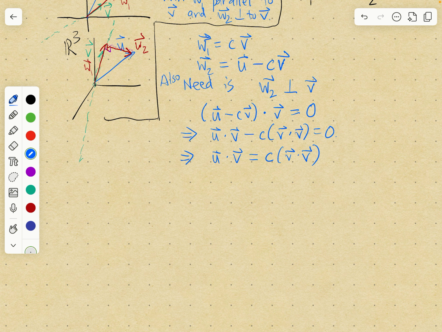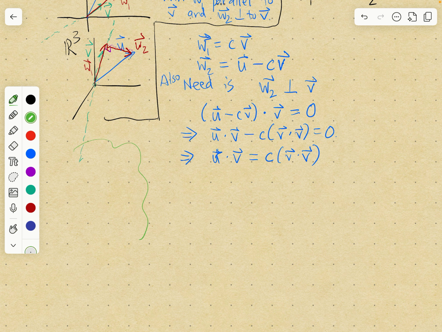Now, the only thing we need to check is, we want to divide both sides by v dot v, and then we get c. But we have to be careful, and we need to make sure that v dot v is not equal to 0. Well, can v dot v be equal to 0? Well, no, because v is not the zero vector. And if you have a vector that's not the zero vector, the dot product with itself will not be 0. Do we see why? Let's just do a little scratch work.